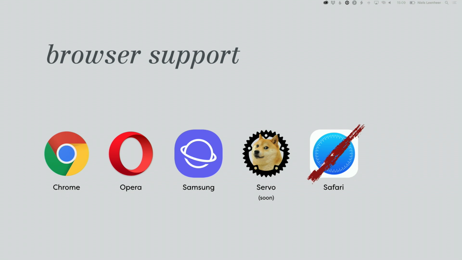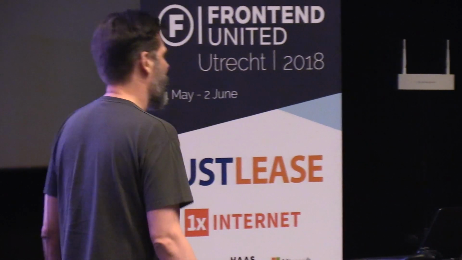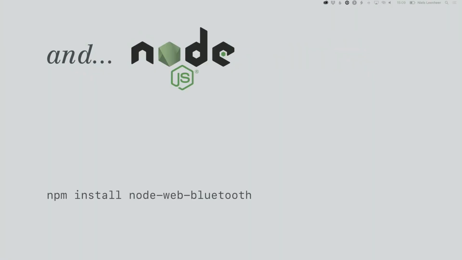unfortunately. There is an app in the App Store called WebBLE for iOS. It is a browser, a full-featured browser, that supports WebBLE. I wouldn't use it for normal daily browsing, but it kind of works. It's perfect for demos. Then there's support in Electron, there's support in Node.js using a package.